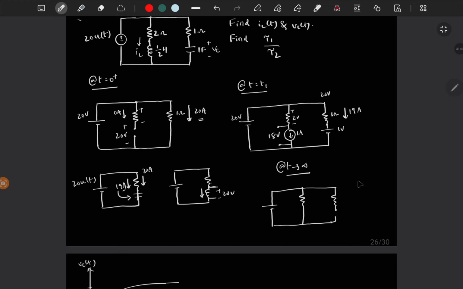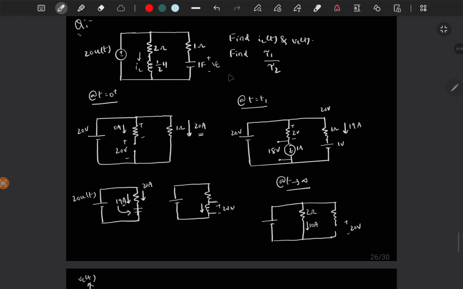So you will get 20 volts, so it is completely charged to 20 volts. Even if you have only 20 volts and you have a series RC, it will be the same case, and here also it will be charged to 10 amps. So these are the steady state conditions.